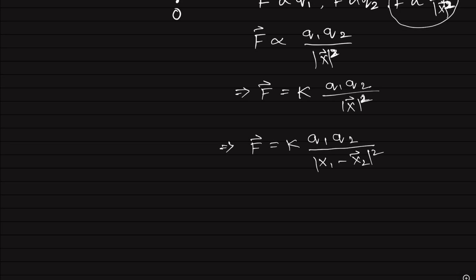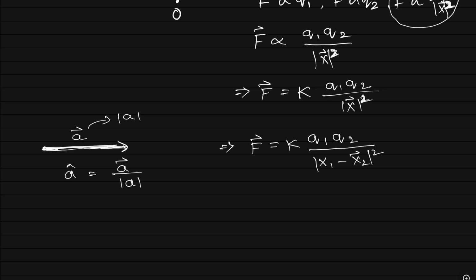Now, do you know one thing: suppose I have a vector a, and the magnitude is basically mod a. So the unit vector along this direction will be a cap, and it will be represented like this.